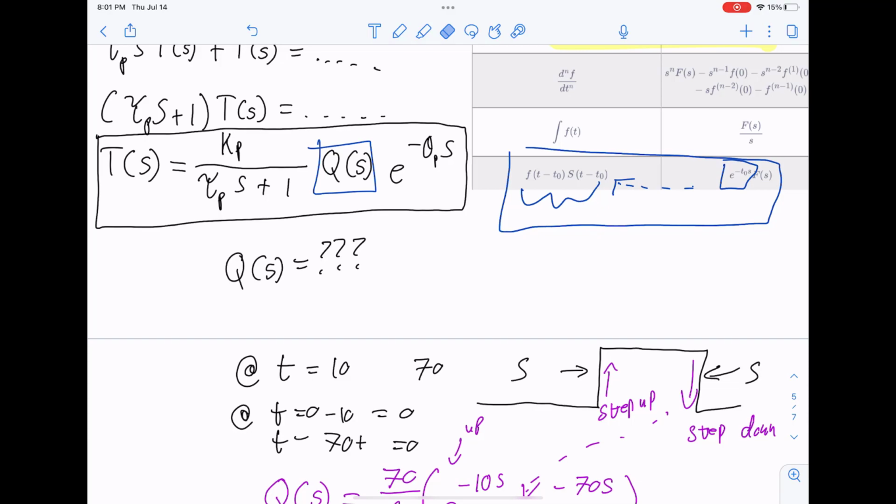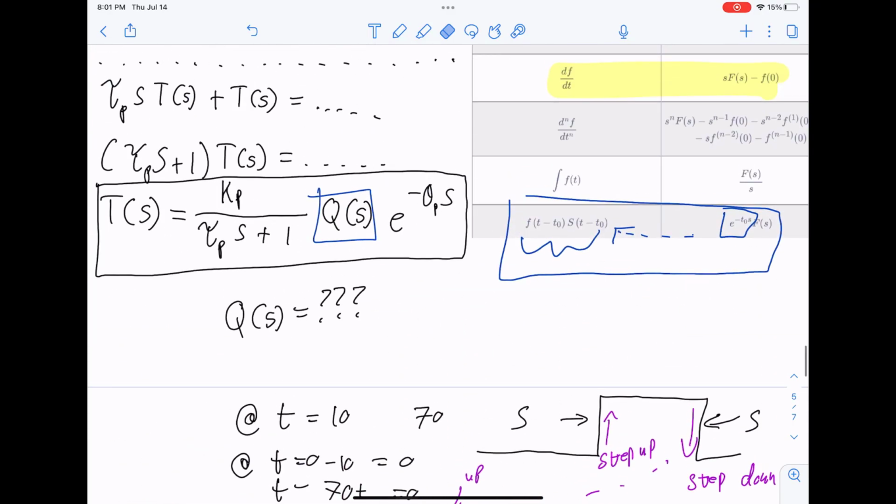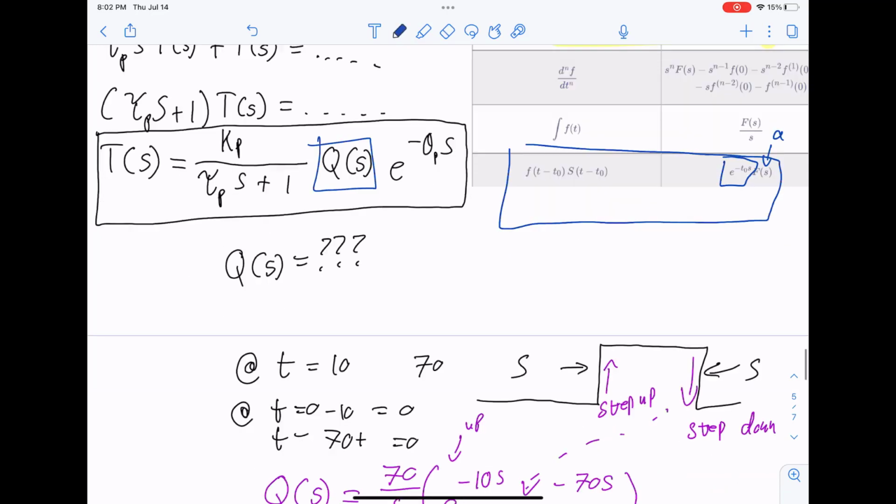That f of s that we're talking about here is the function that we're multiplying by. It's this a portion that's going to be offset. It's the time delay of that a portion. So this right here is our a portion. So that's going to be offset by t naught, by that exponent in our system. And we also have the step function that needs to be added as well.